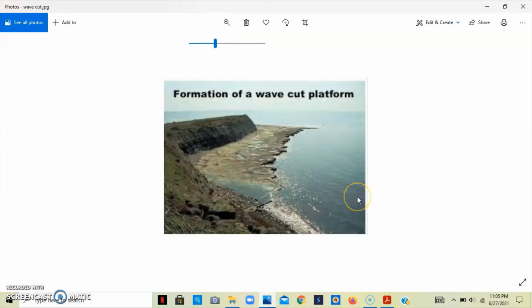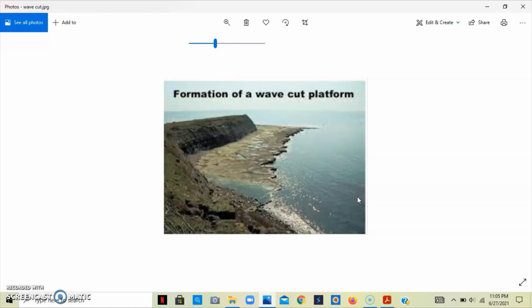Alright, so the wave-cut platform is formed when the sea waves attack the base of the cliffs. So the sea waves attack the base of the cliff between the high and the low water mark. Now, a wave-cut notch is formed by erosional processes such as abrasion and hydraulic action. The wave-cut notch is a dent in the cliff, usually at the level of high tide.